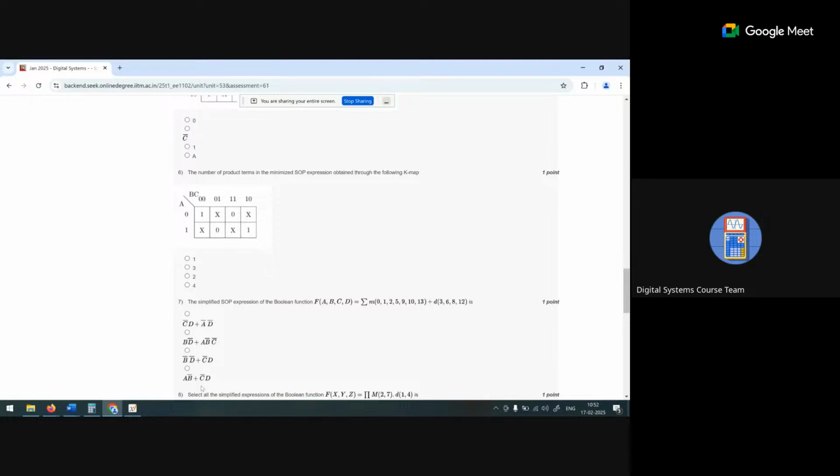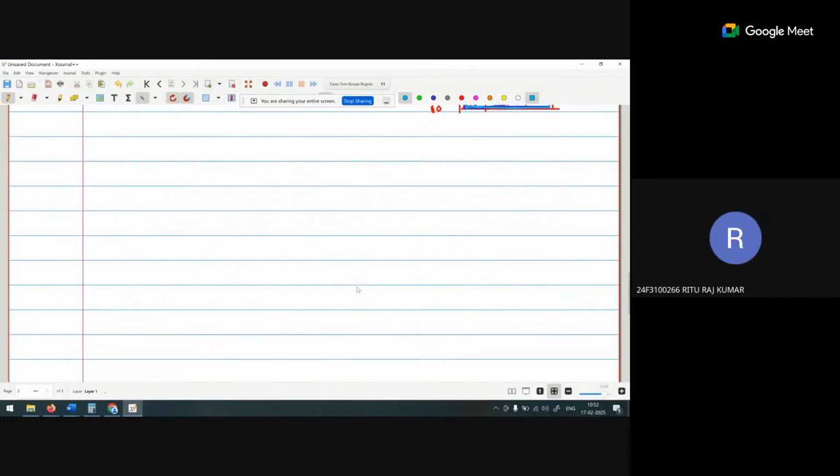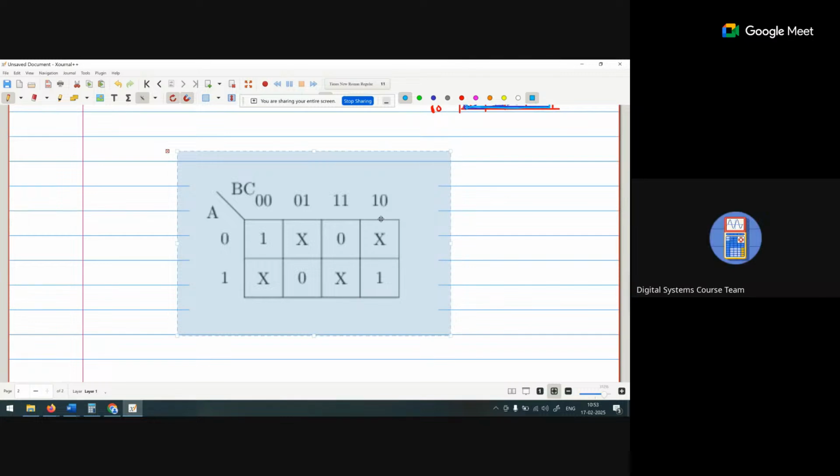Now question number 6. How many groups are there? One, sir, only 1, for the group of one. So only the group of these two, this one and this one.